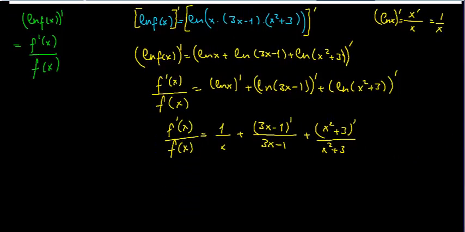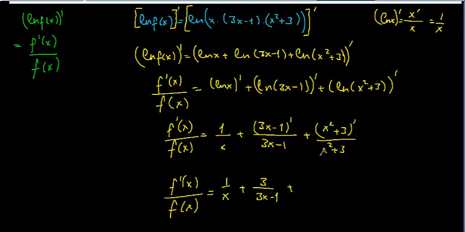Then f'(x) over f(x) is equal to 1 over x plus 3 over (3x minus 1) plus 2x over (x squared plus 3). Normally we finish the derivative, but here we haven't found f'(x) yet.